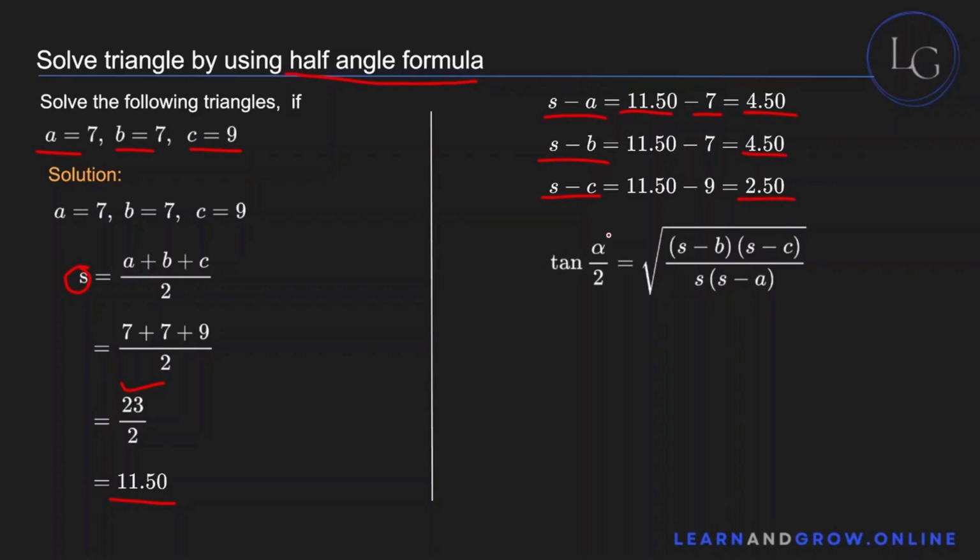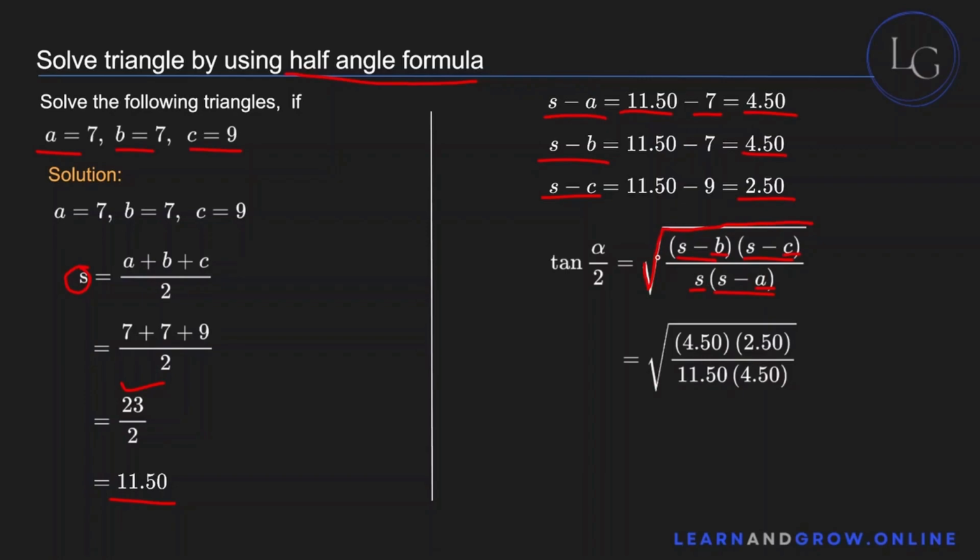Now, tangent of alpha by 2 is equal to the square root of S minus B into S minus C over S into S minus A. This is just a half angle formula you'll have to memorize, right? There is a derivation for it, but we'll not get into that right now. So alpha is basically the angle that is opposite to A and between the sides B and C, right?